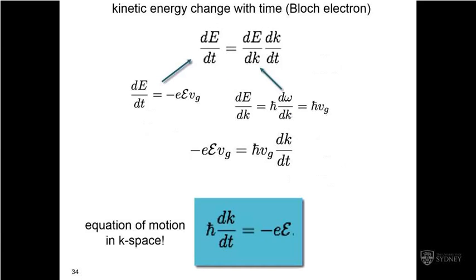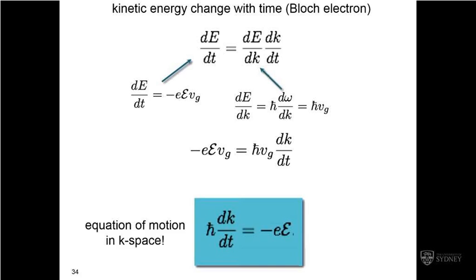So now we remember those formulas from just before. We can now consider the kinetic energy change with time for a Bloch electron here, dE/dt. Okay, we had from before, that's equal to minus electron charge, electric field times the group velocity, v.